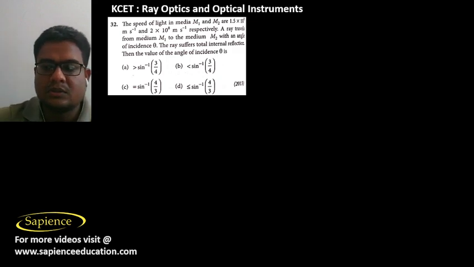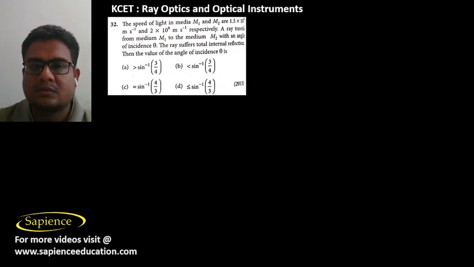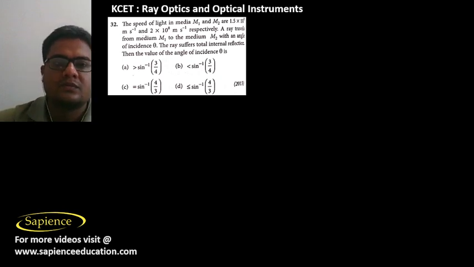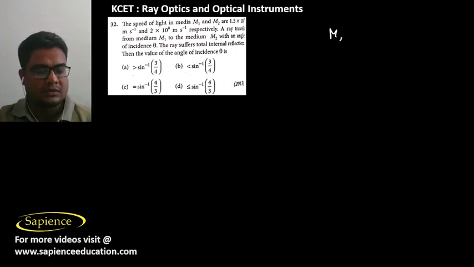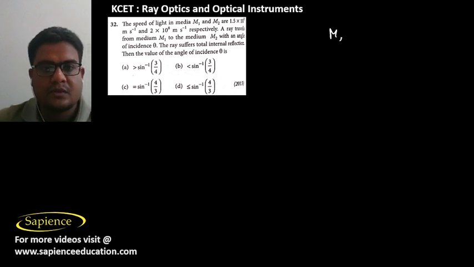And in question number 32, it is told that the speed of light in media M1 and M2 are 1.5 into 10 power 8 meter per second and 2 into 10 power 8 meter per second. A ray travels from medium M1 to medium M2.